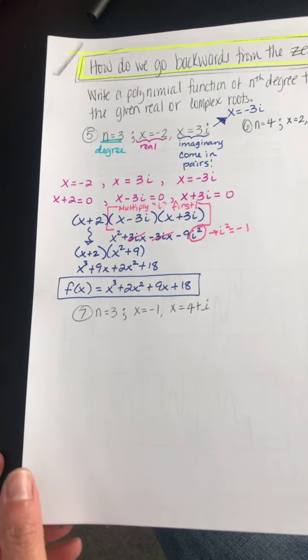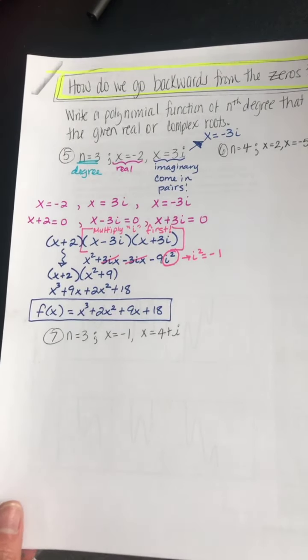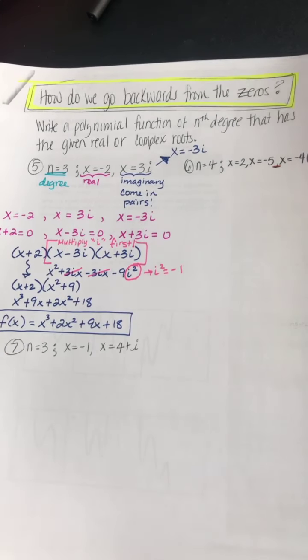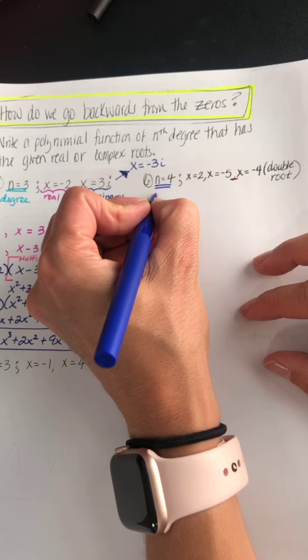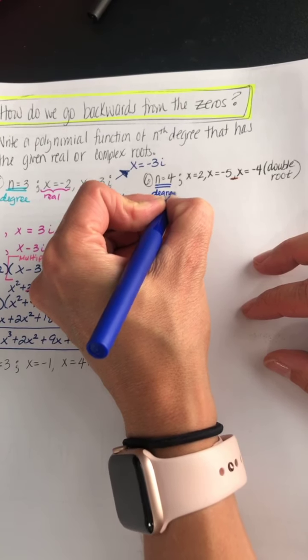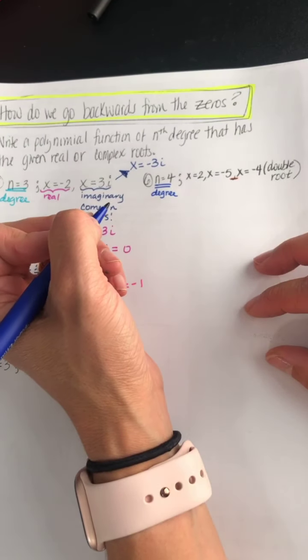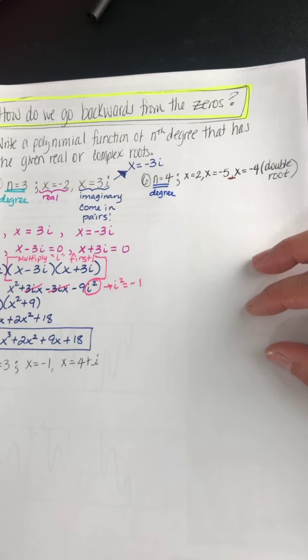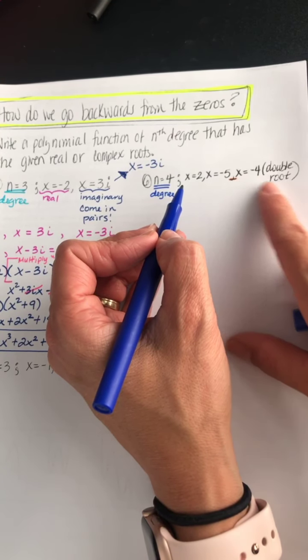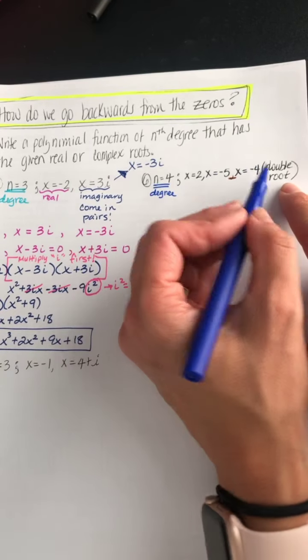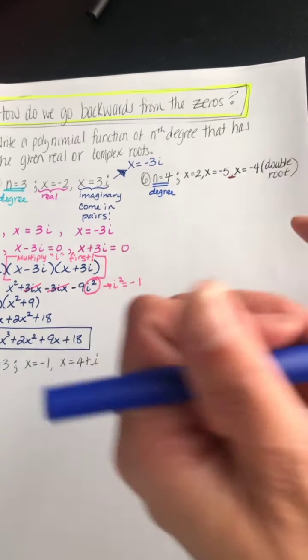Okay. All right, so let's look at number 6. N equals 4. So that means that this is the degree. It's a 4th degree, so that means there should be 4 solutions, 4 zeros. Okay, I see 1, 2, 3, but then it also says that this one is a double root.